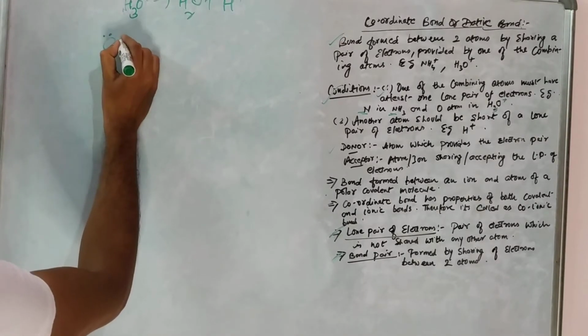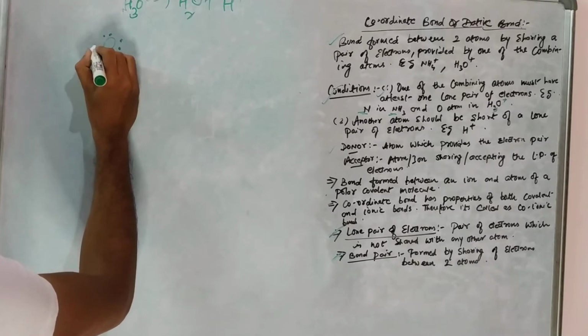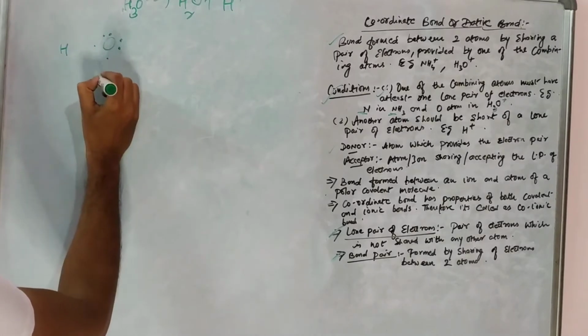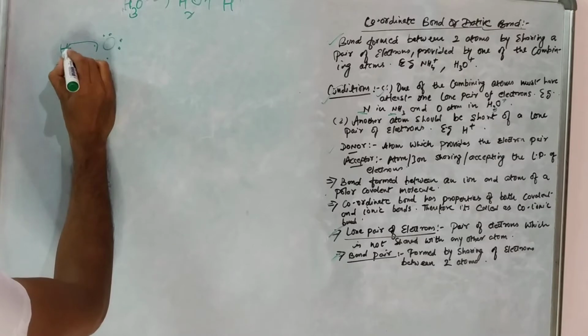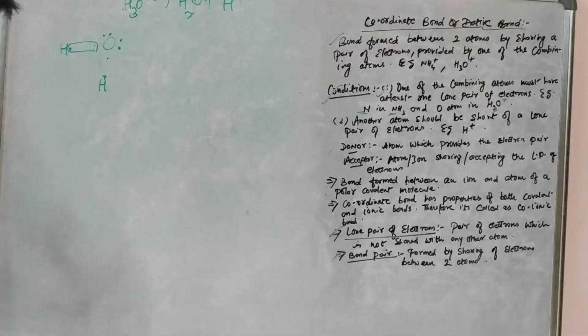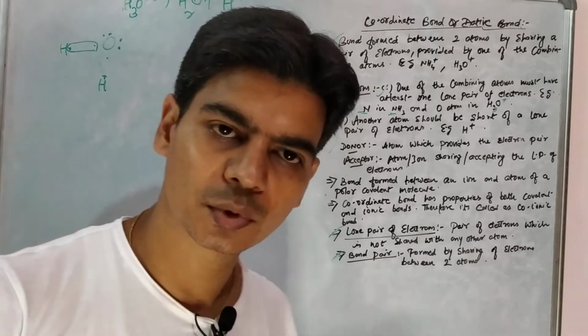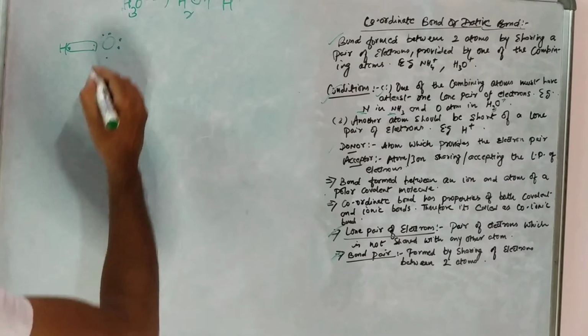Since we know that oxygen has 6 electrons in its outermost shell, it will react with 2 hydrogen atoms. So oxygen needs 8 electrons, and each of the hydrogen atoms has 1 electron in its outermost shell, so they need 2 electrons in their outermost shell, right?